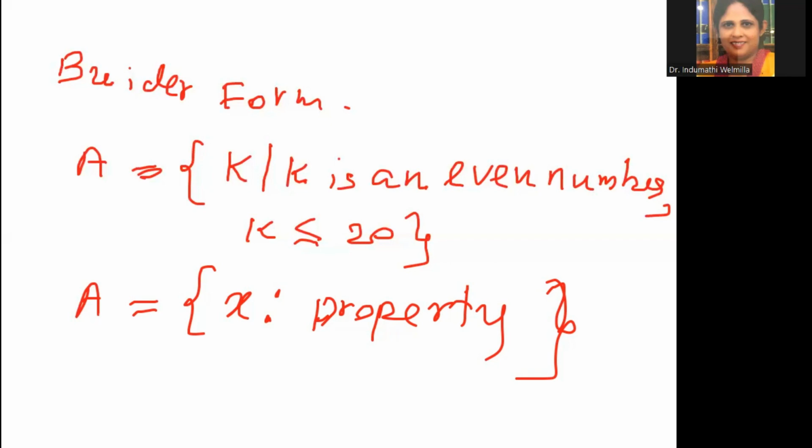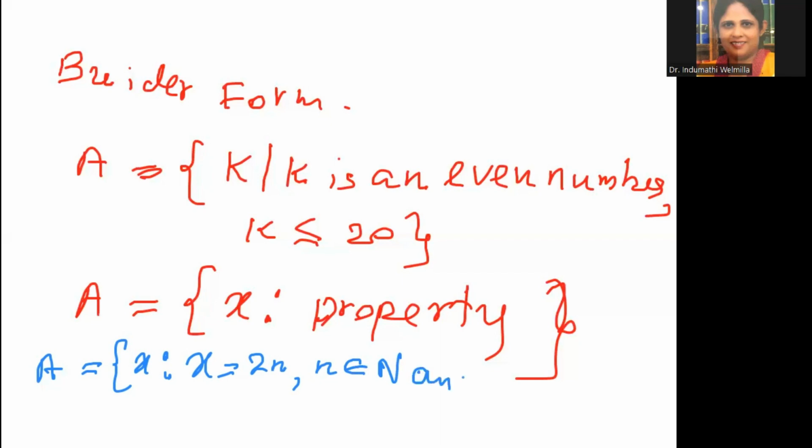One more example I would like to show you. We can write set A equal to X, where X equals 2n, and n is an element of the natural numbers, with 1 less than or equal to n less than or equal to 4.